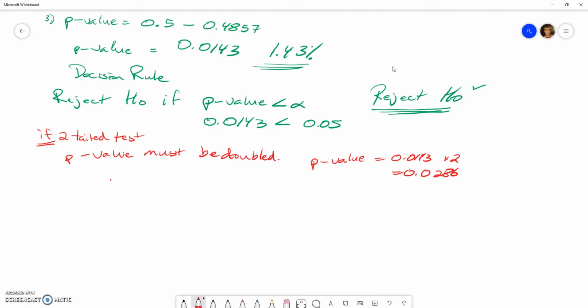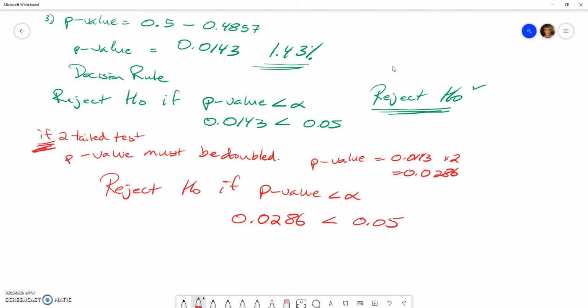This case, if it is a two-tailed test, reject the null hypothesis if the p-value is less than alpha. In this case, the p-value is 0.0286 and alpha is 5%, 0.05.